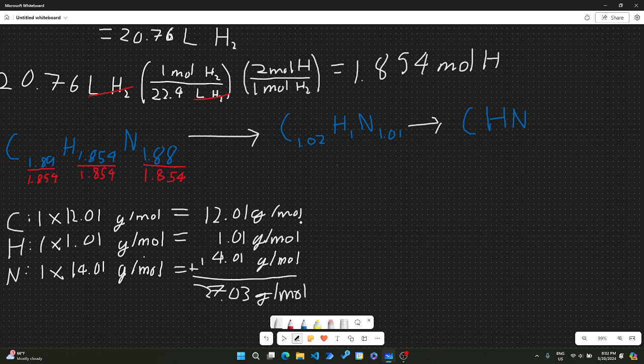Now, the next step is to divide all of these by this value down here. So 27.03 grams per mole. And this is the same thing all the way down.